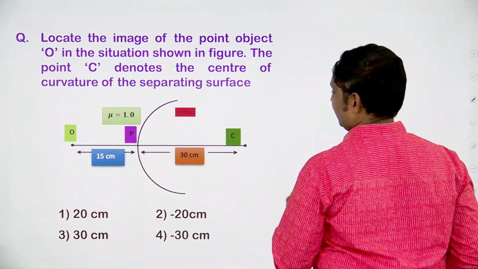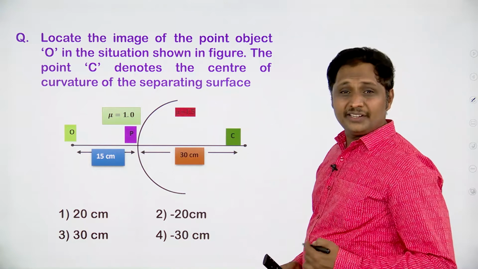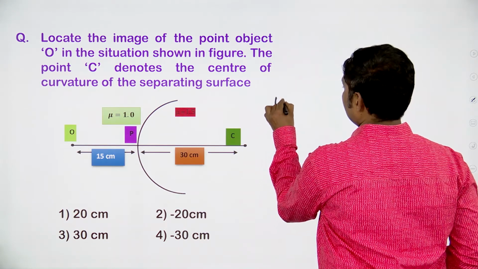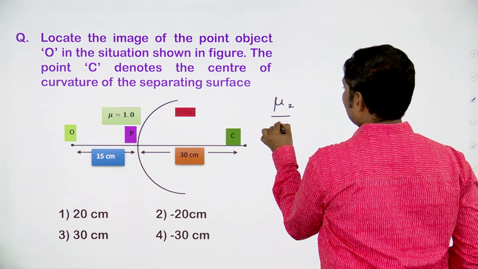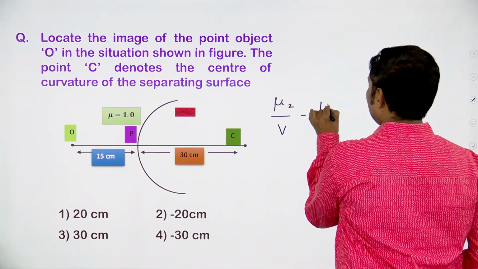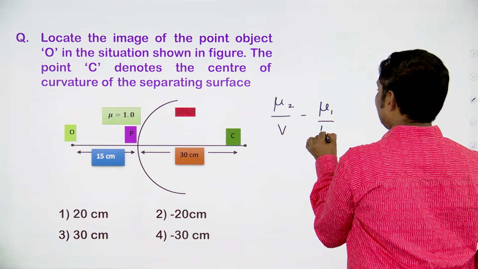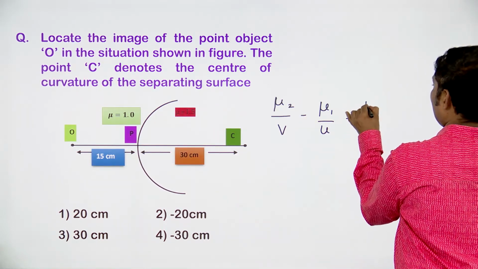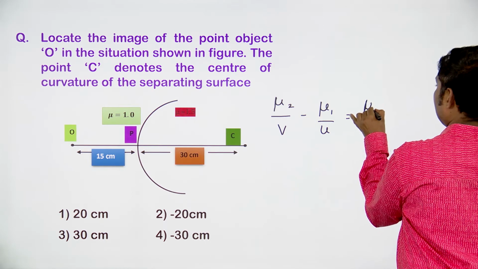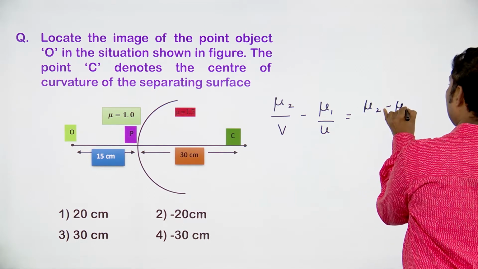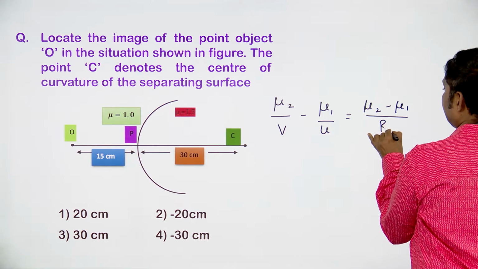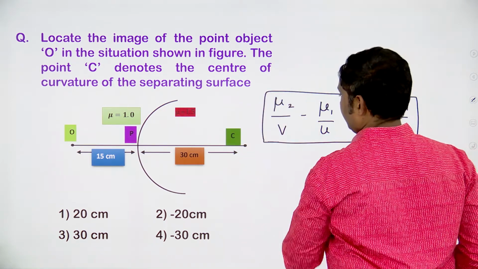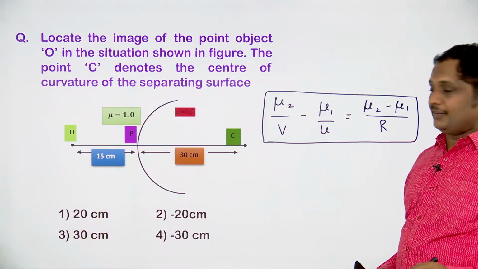Here from the figure we would like to get the data. You know very well about that. This is going to be mu 2 by V minus mu 1 by U is equal to mu 2 minus mu 1 by R. This is the formula which is related to different parameters.